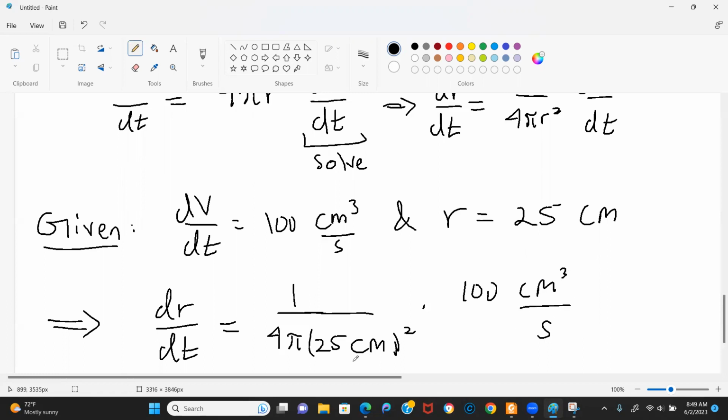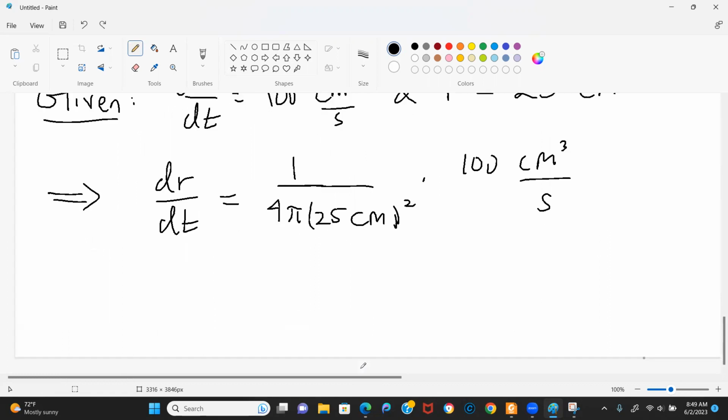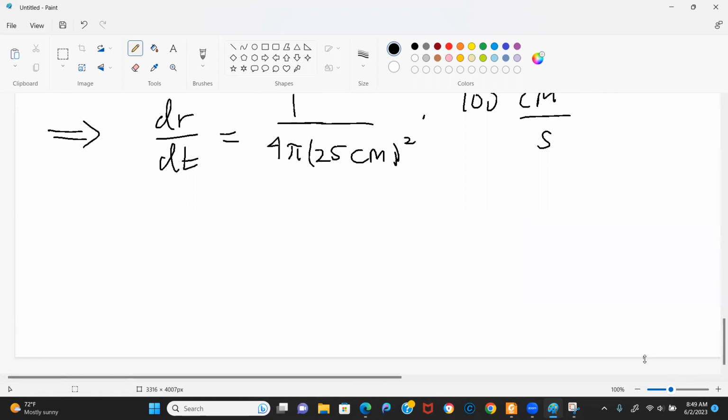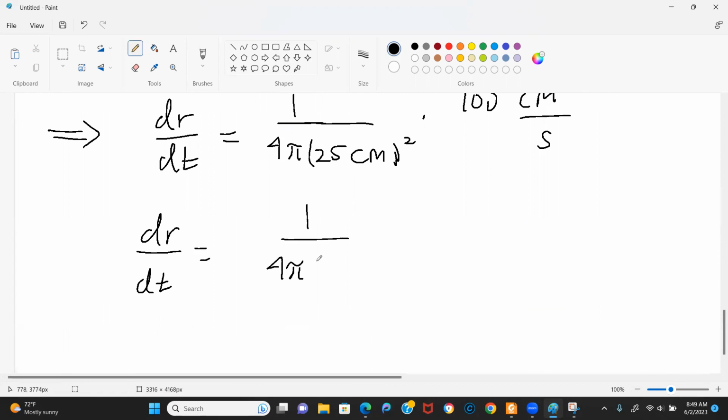Sorry, I think I said cubic over here, it's just 25 centimeters. And so at this point, let me drag this down a bit. You get dr/dt is equal to 1 over 4 pi. I guess what is 100?